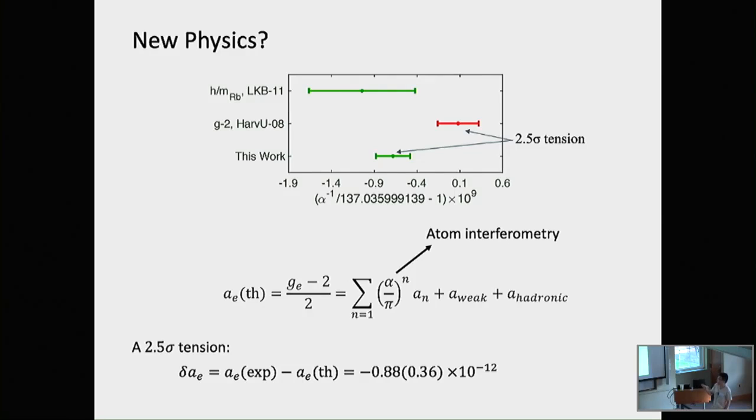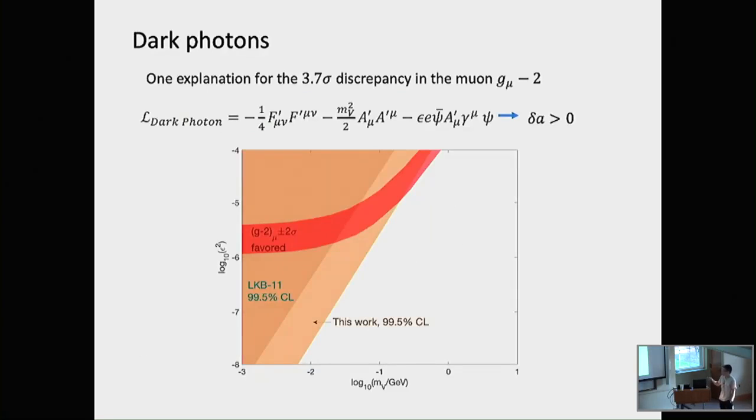So what has caused this tension? The first thing that came to our mind is the famous muon g-2 anomaly. We know that there's a persistent 3.7 sigma discrepancy in the muon g-2 measurement, and the dark photon has been expected to be an explanation for this discrepancy.